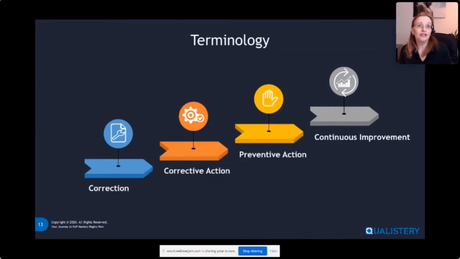So now you see why I think the wording of CAPA is going to become redundant, because everybody gets confused. It really doesn't help. Does it matter what you actually call it? No, it doesn't. As long as we have the actions in place, why would we need to differentiate them? Yeah.